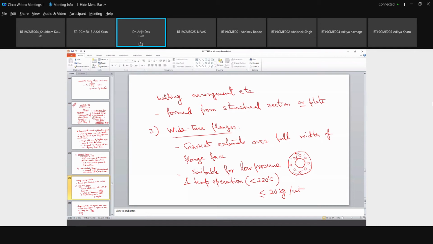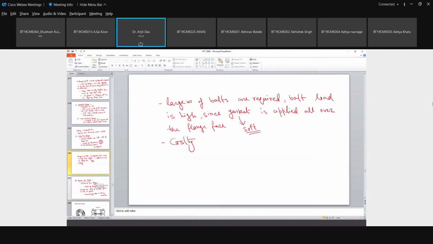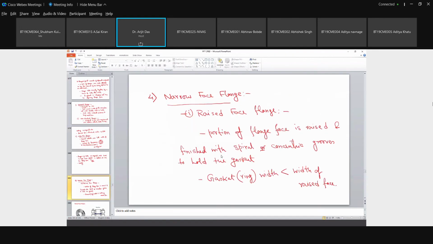But if some part of the flange is raised, then the gasket cannot fit to all the width, and that is known as the narrow face. Now, what is the narrow face flange? I already wrote all these in the last classes. In a raised face flange, the portion of the flange face is raised and finished with spiral or concentric grooves to hold the gasket.